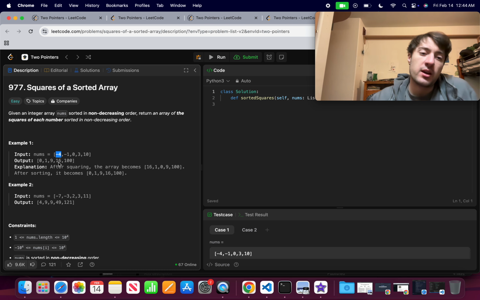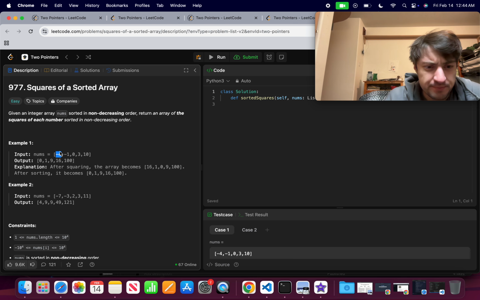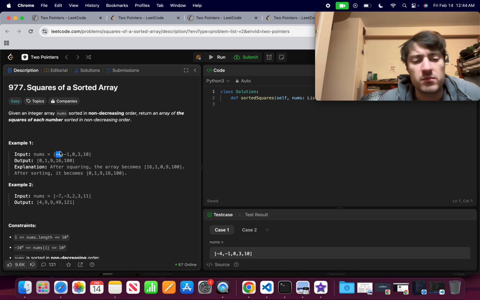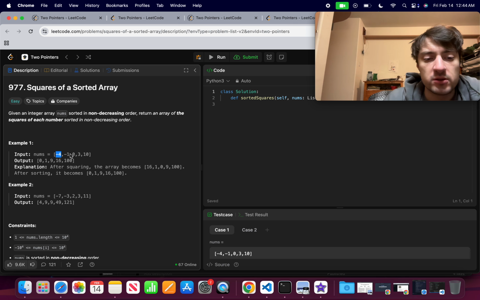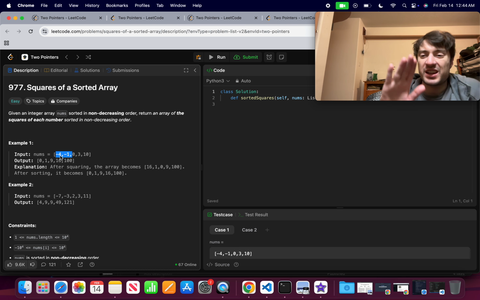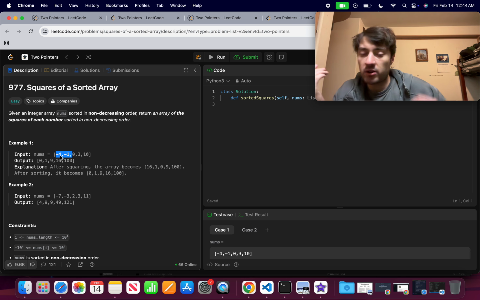If I have a pointer here, obviously there's something to do with whether it's negative or positive, because these negative numbers get flipped over to the positive side.